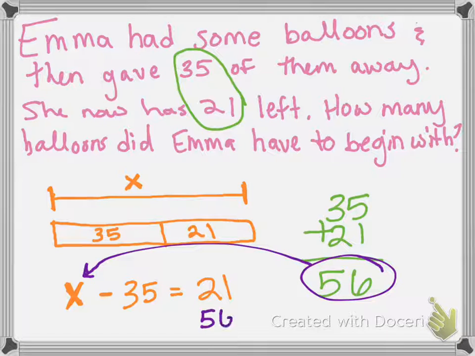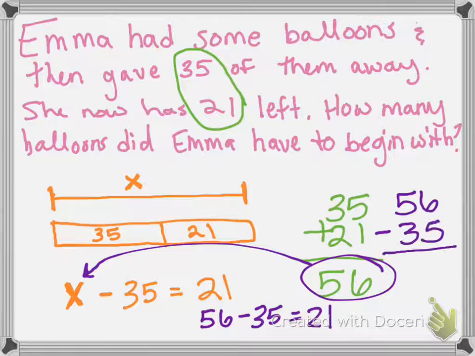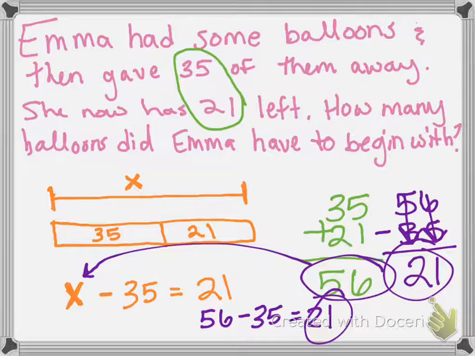So if we replaced the X with 56, we said 56 minus 35 equals 21. Well, is that true? I don't know. So we would write it to the side, 56 minus 35. 6 minus 5 is 1. 5 minus 3 is 2. They match. So we know 56 balloons to begin with would be the correct answer.